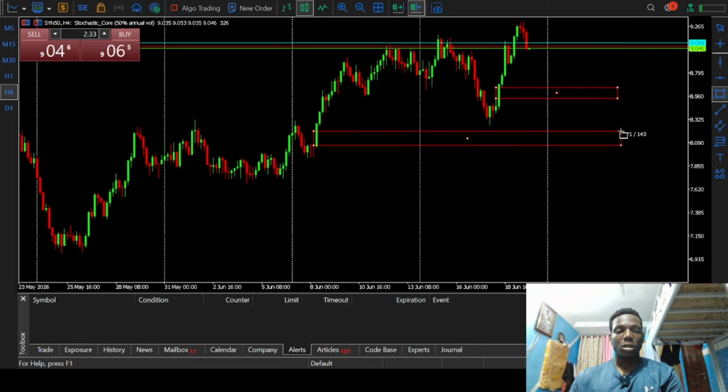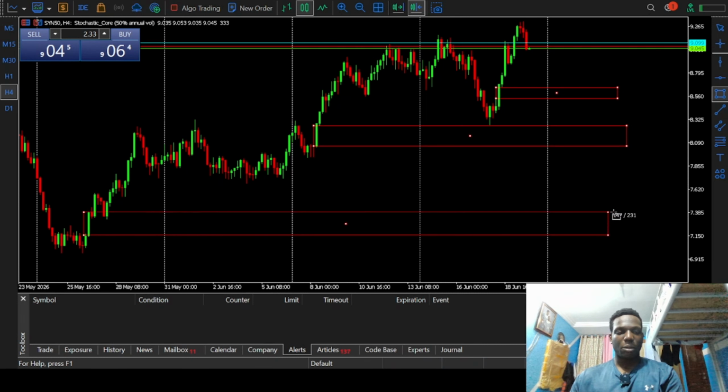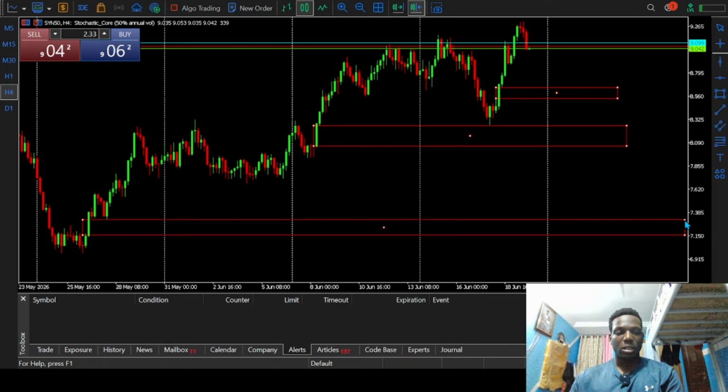Fair value gap one, fair value gap two, the major fair value gap, fair value gap three. Now, note that these fair value gaps have not been touched. They are still virgins, still pure, looking neat and ready for the taking.